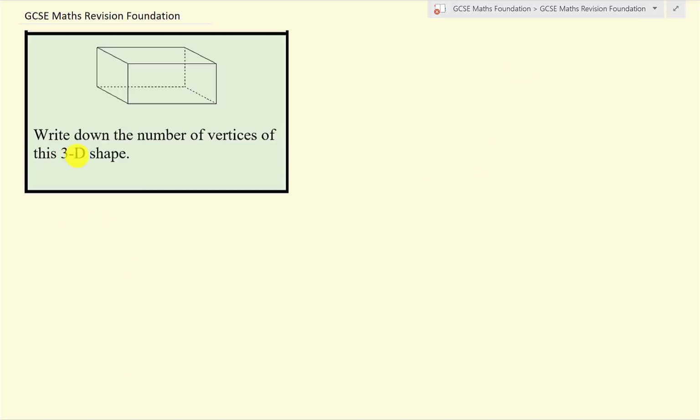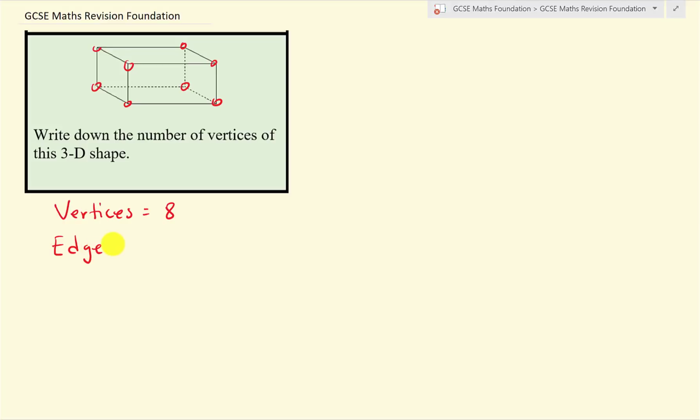Write down the number of vertices of this 3D shape. So vertices are these little corners here. So we have 1, 2, 3, 4, 5, 6, 7, 8. 8 of them. So we have vertices 8. You could also get asked how many edges it has.